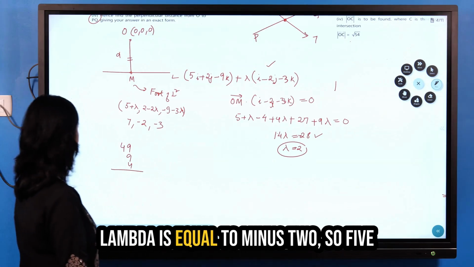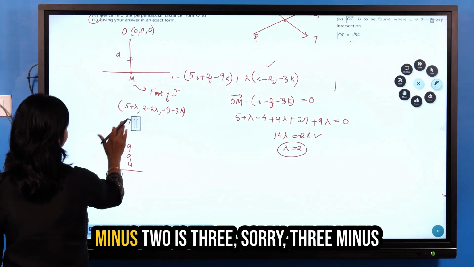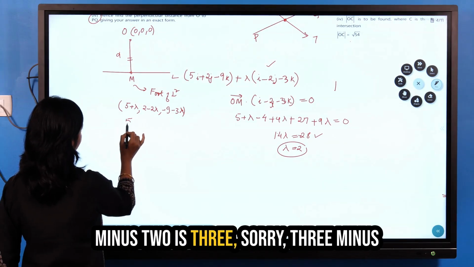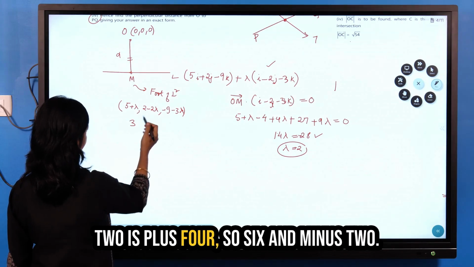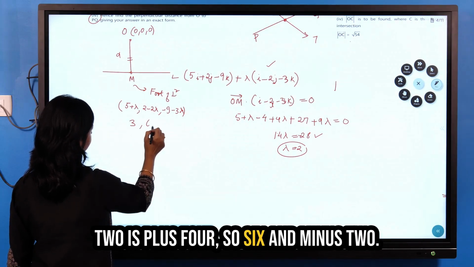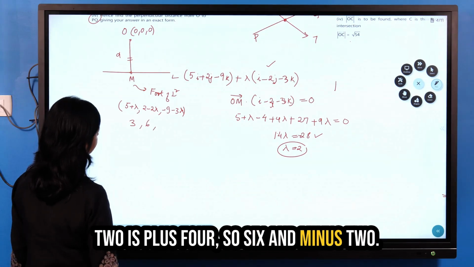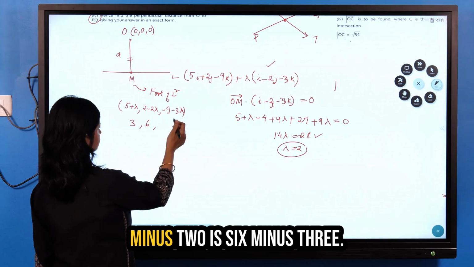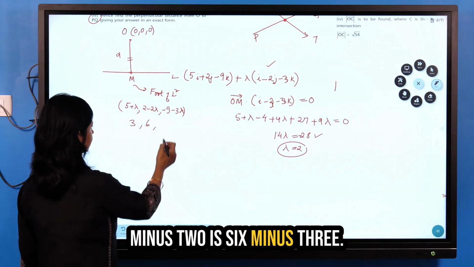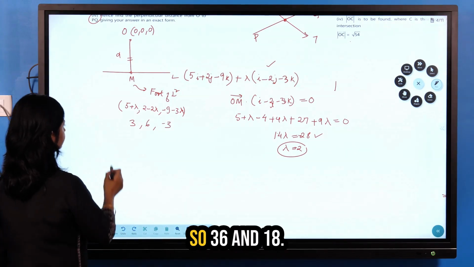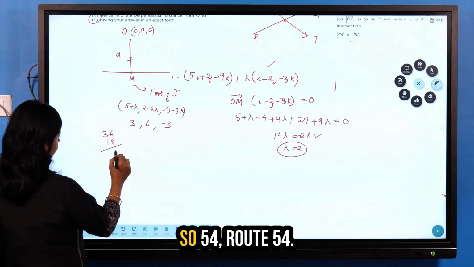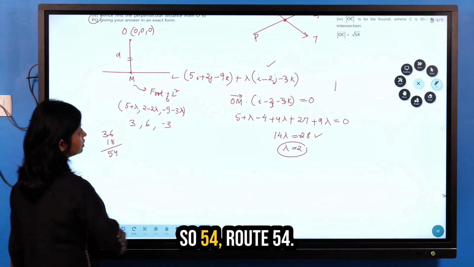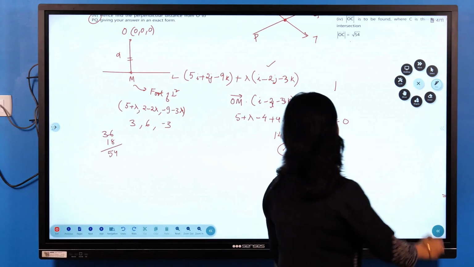Lambda is equal to minus 2. So 5 minus 2 is 3, minus 2 is plus 4, and minus 2 is 6 minus 3. So 36 and 18, so 54. Root 50 or so.